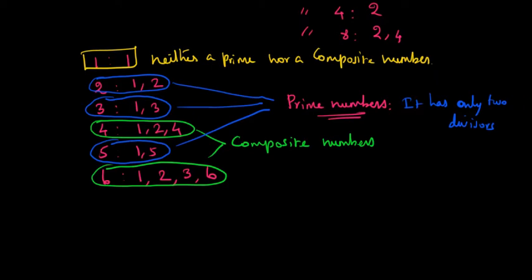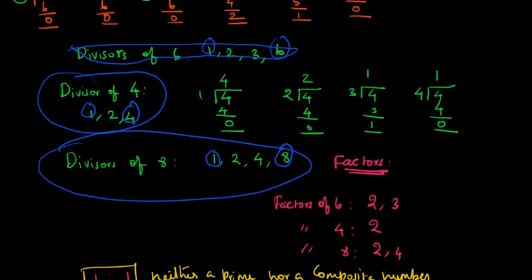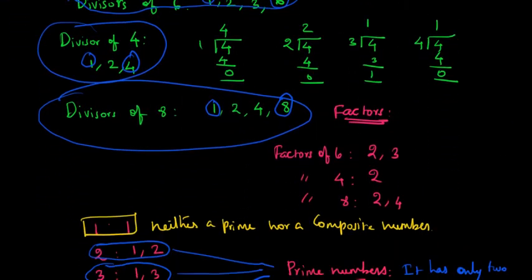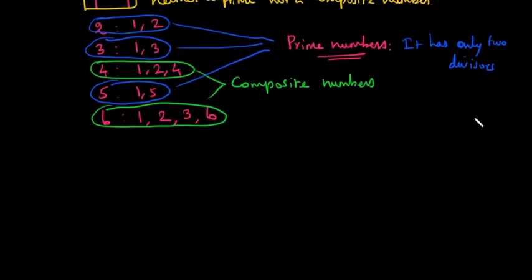So I already told you in the beginning, we can write any natural number other than 1 as a product of two numbers. Okay, so can we write any number as a product of prime numbers?